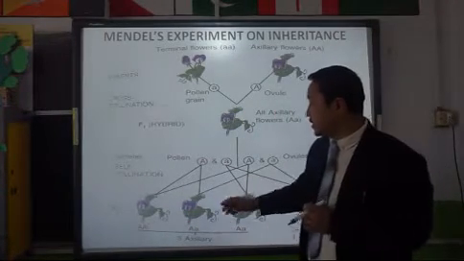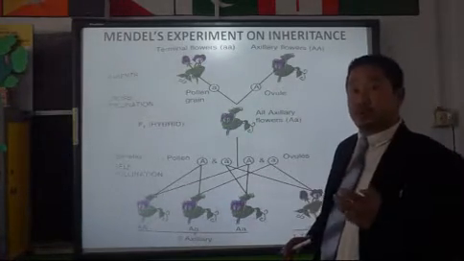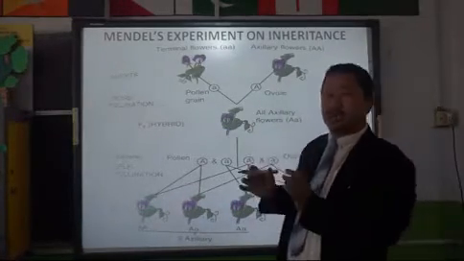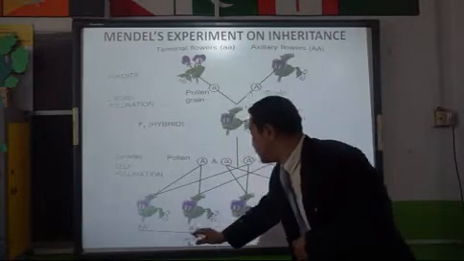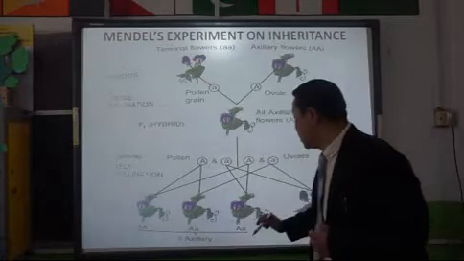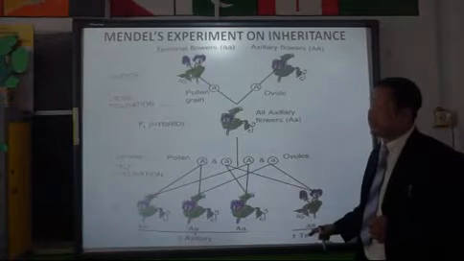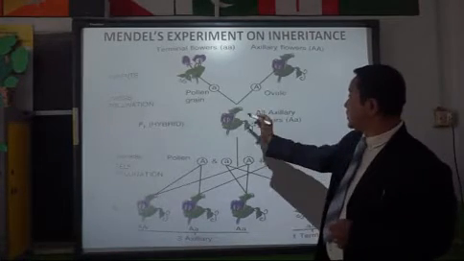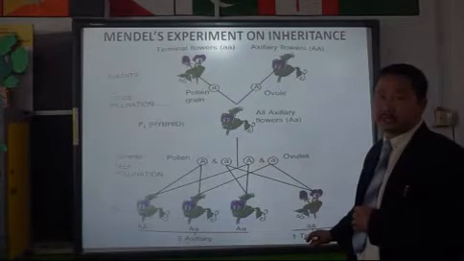What was the character you see? Out of four pea plants, it is not that there were only four, but many. But out of four, three were having axillary flowers. Only one was having the terminal flower. Now see, though this terminal flower was not seen in the first generation, it is now seen in the second generation also.